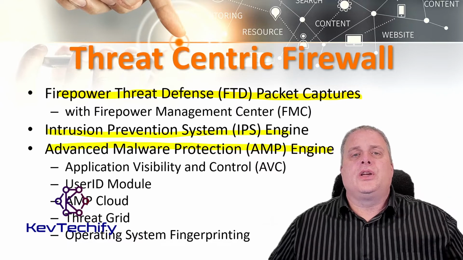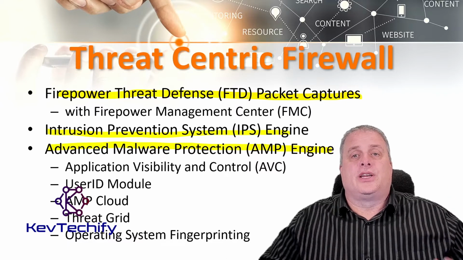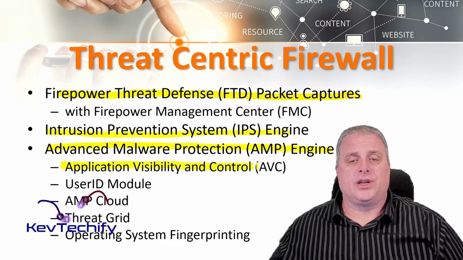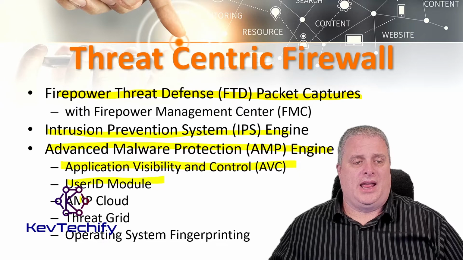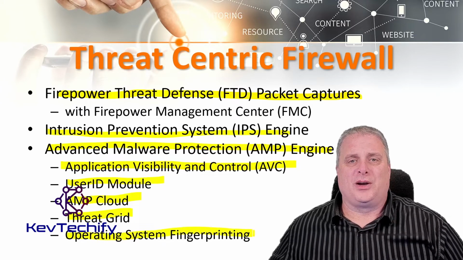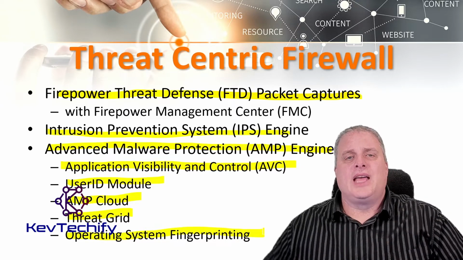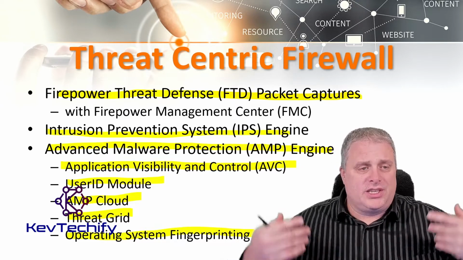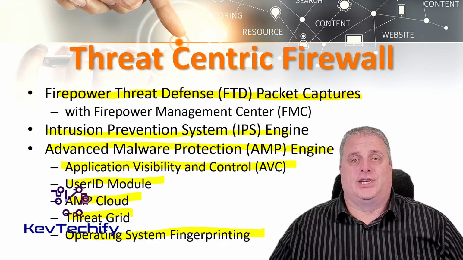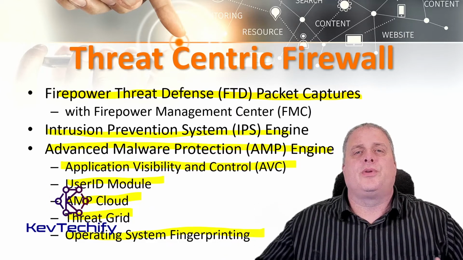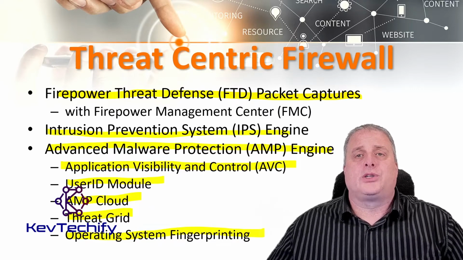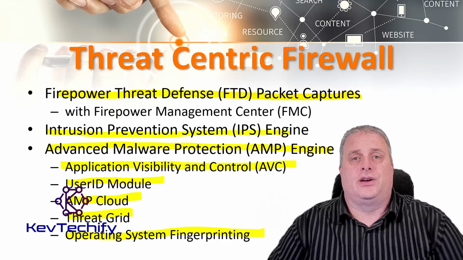These two engines look at the traffic that is actually permitted by your security policy and everything like application visibility and control, user ID, AMP cloud, Threat Grid, even operating system fingerprinting. All of those modules, they feed into those two engines, into the intrusion prevention system engine and the advanced malware protection engine. They continuously provide them relevant data to make decisions whether to allow or block traffic that is otherwise permitted by your security policy.